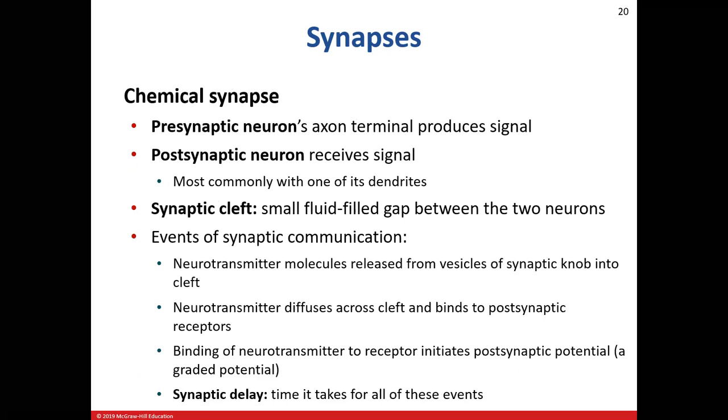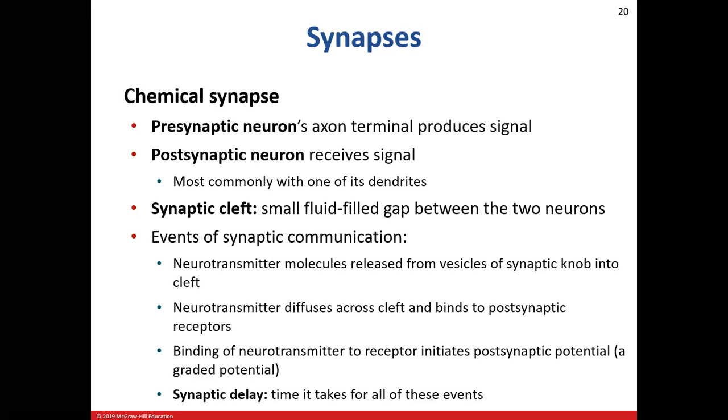Now, the chemical synapse, on the other hand, is the one that we have talked about quite a bit. We have the presynaptic neuron, and that presynaptic neuron axon terminal produces the signal by releasing the neurotransmitter. So we have the action potential coming down the presynaptic neuron, reaching the axon terminal, where it causes the release of the neurotransmitter.